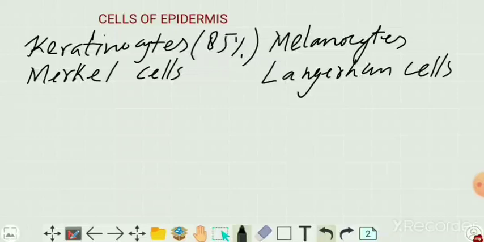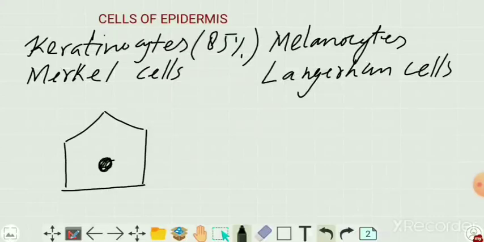Let's talk about the keratinocytes. Let me draw here one keratinocyte. Inside the keratinocyte there is a nucleus, and there are some filaments which are called keratin filaments.